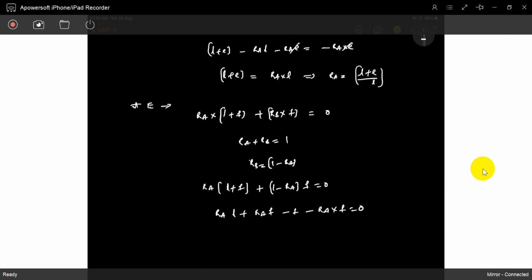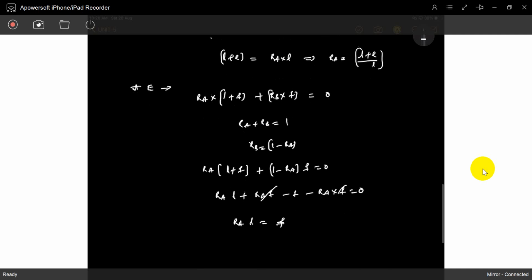So cancel it. RAF cancels. RAL plus F is equal to 0. So RA is equal to what?